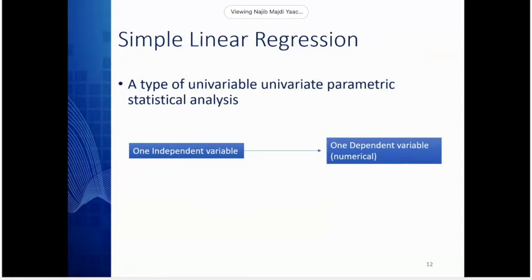Univariable means that you have only one independent variable. Univariate means that you have one dependent variable. Parametric is concerned with normality of your data, so your data need to be normally distributed.